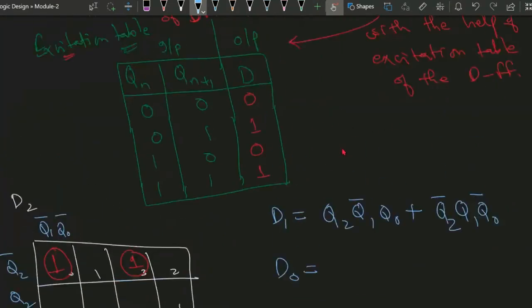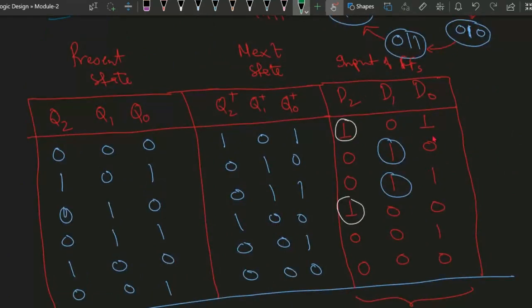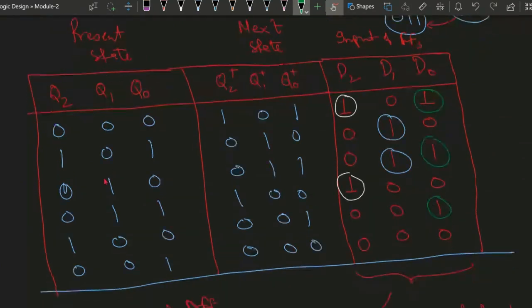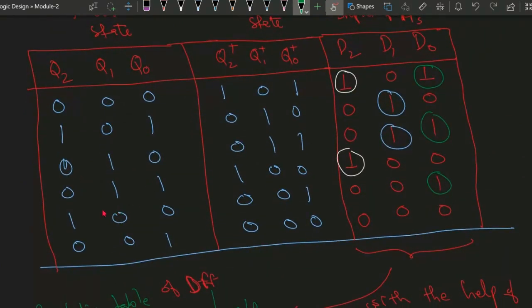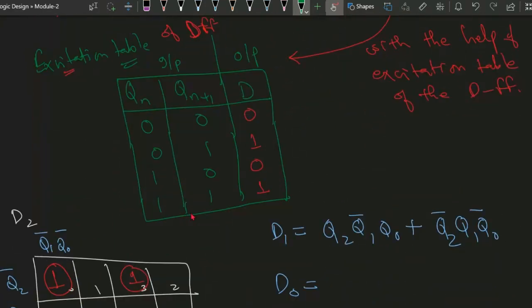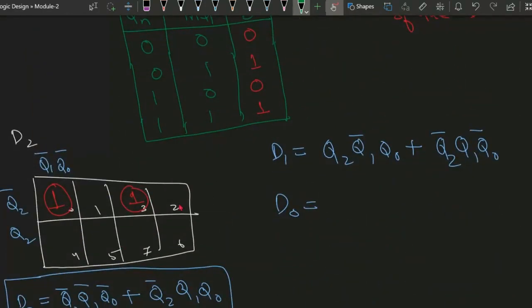Similarly, D0 we will be finding out. So for D0, we can get like this term and this term. So this is 0, this is 2, and this is 4. 0, 2, 4. So for D0, with 0, 4, and 2, we can have a pairing here.